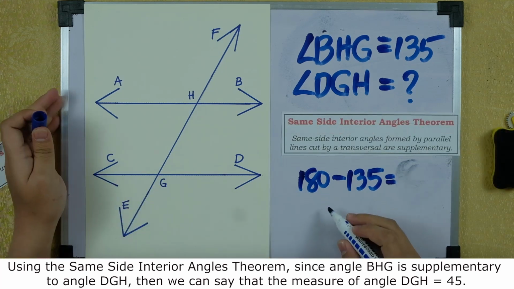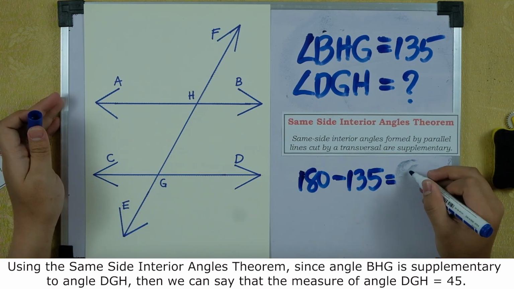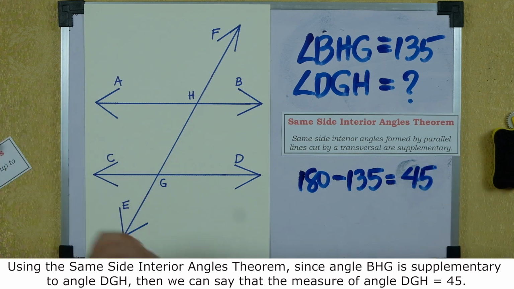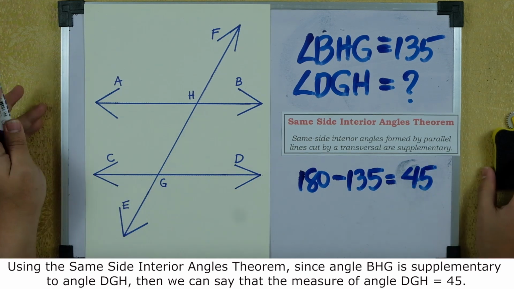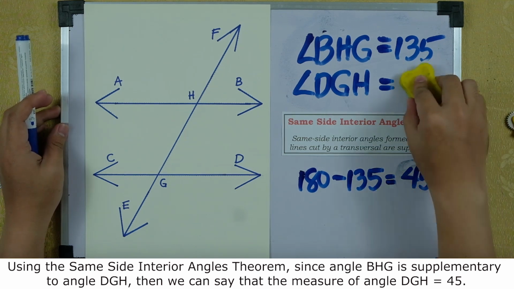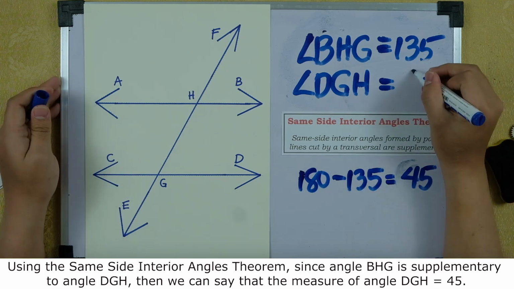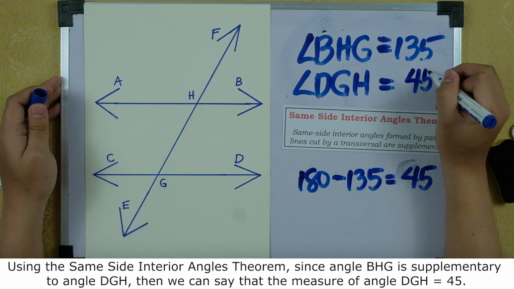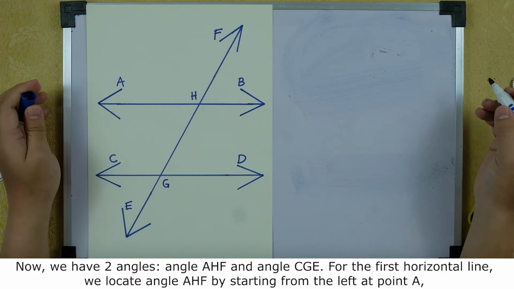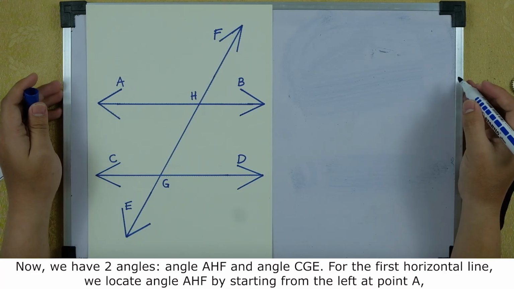So 180 minus 135 is equal to 45. Therefore, we can say that the measure of angle DGH is equal to 45.